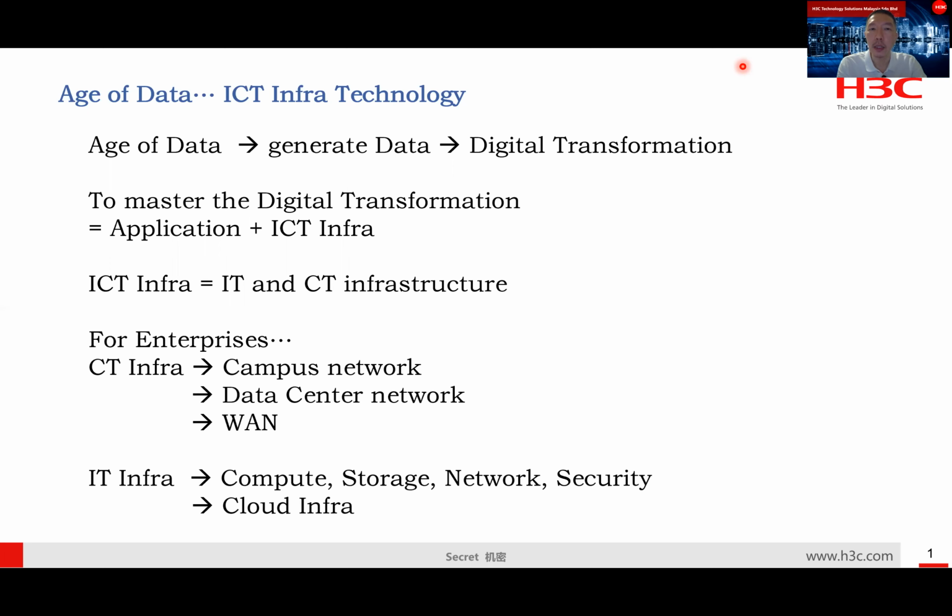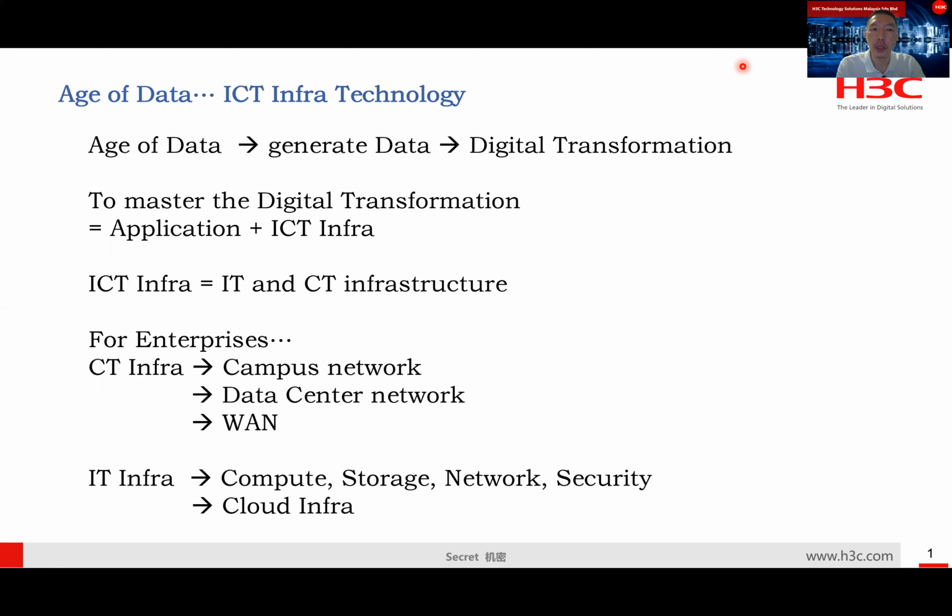In terms of the ICT infra, you know from the words, it talks about the information technology and the communication technology, what we call the IT infra and the CT infra. For most enterprises, your CT infra is talking about your campus network, a network that I explained before, managing the mobile devices of all your staff, your computers, printers, CCTV cameras, store access, all network devices under your campus network.